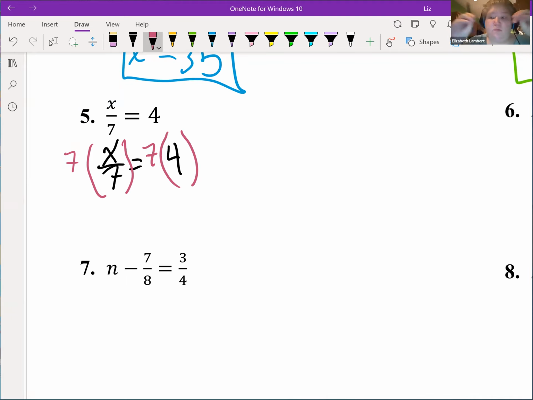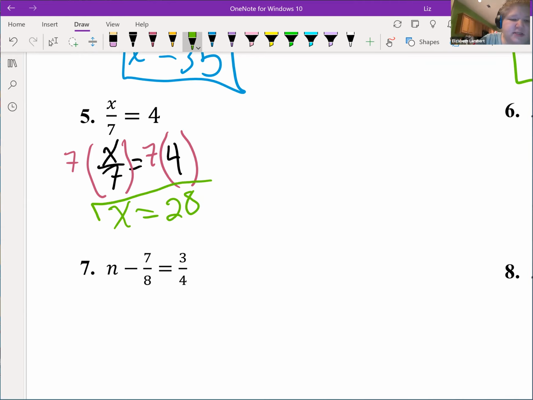Because when we start having more than one term and we choose to multiply by a number, that number is going to have to be distributed through. So if you get used to just doing the parentheses now, it'll save you some heartache later, maybe. All right, so 7 over 7 is 1. 1x is just x. And then 7 times 4 is 28. So there is our solution.